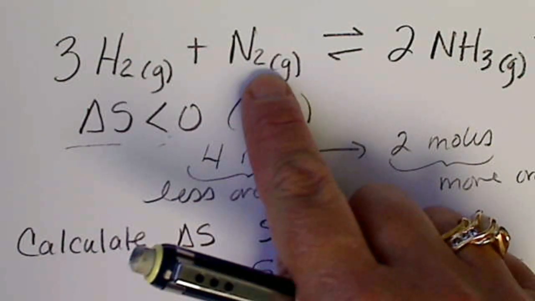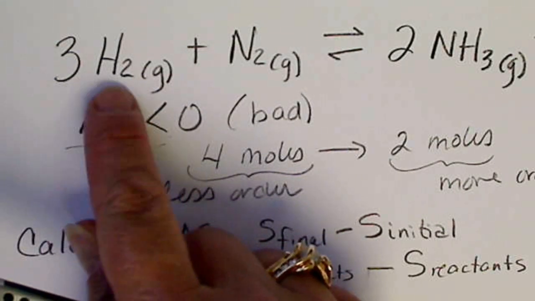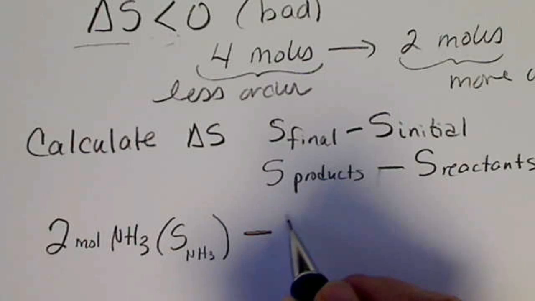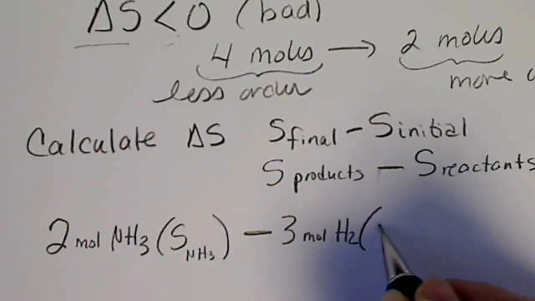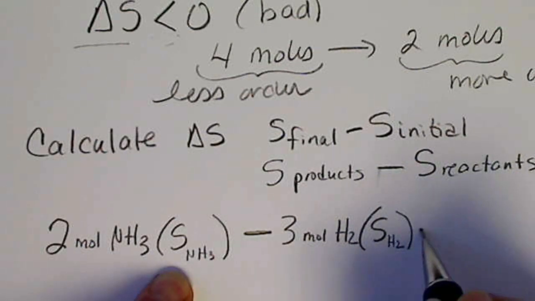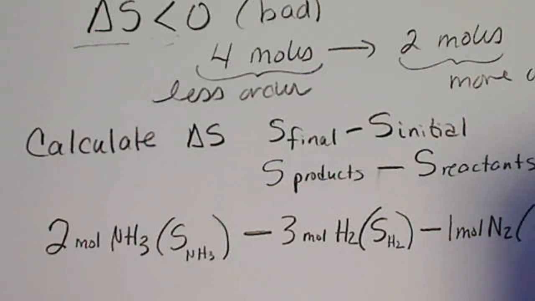So I'm going to subtract off the entropy for nitrogen and subtract off the entropy for 3 moles of hydrogen. So subtract, and we have 3 moles of hydrogen, and we're going to multiply that by the entropy value for hydrogen, and then I'm going to subtract off the 1 mole of nitrogen and multiply that by the entropy value.